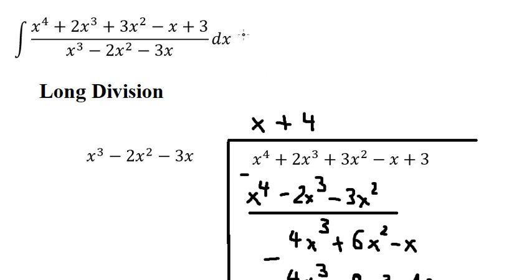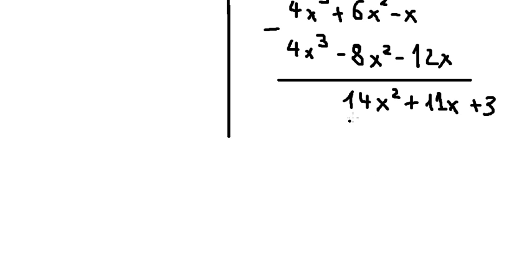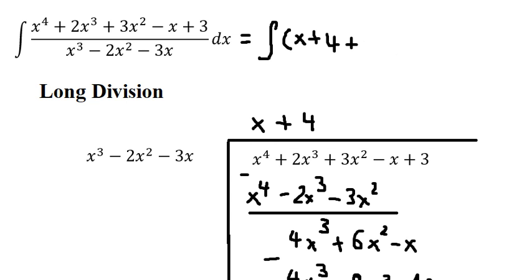So for this one, we can write like this. So s plus 4 I will put in here, and the remainder I will put on the numerator.